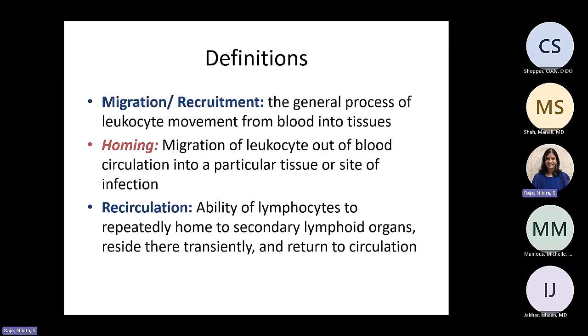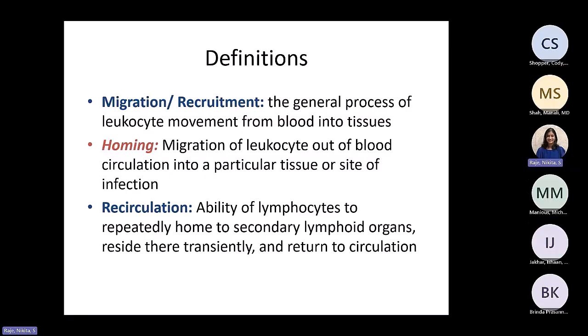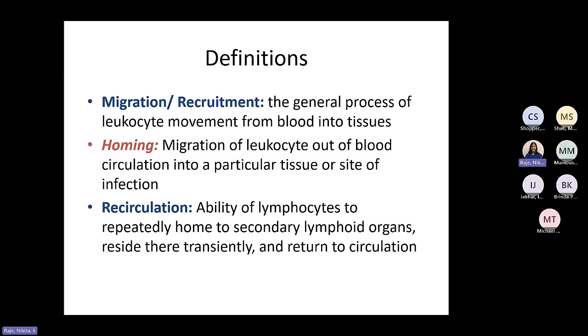So few definitions before we keep going. We'll be mentioning these terms here and there, so it's important to know what I'm talking about. So migration and recruitment are used interchangeably. It's the general process of leukocyte movement from blood into the tissues.